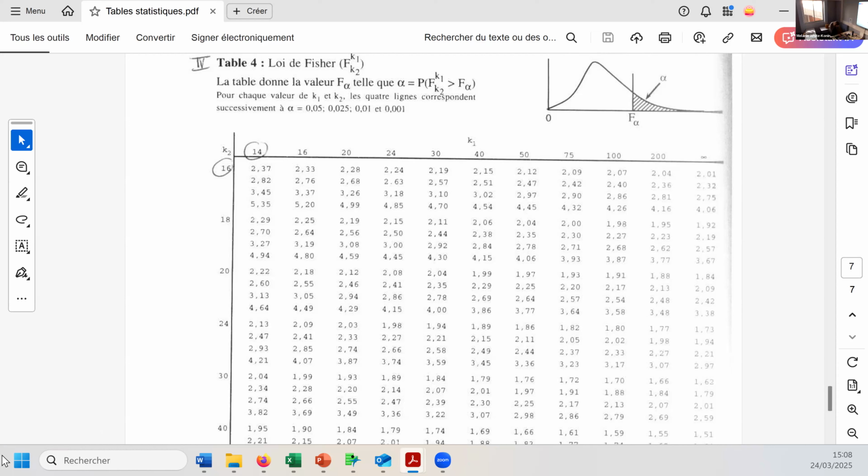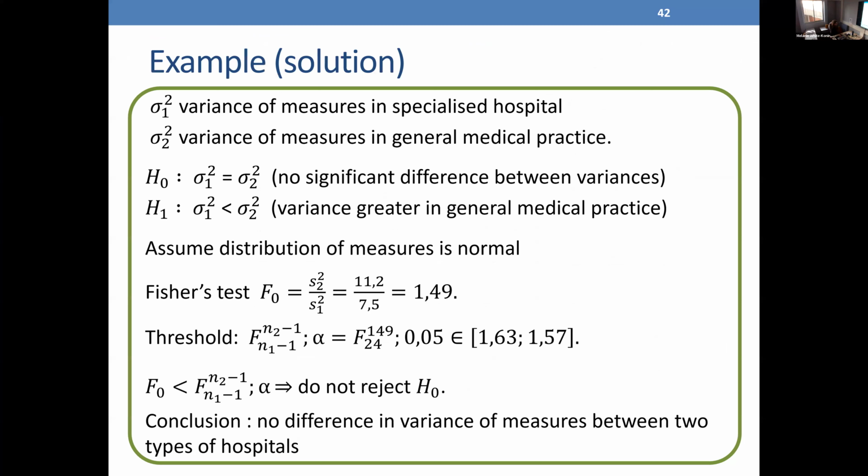And the value that we had, 1.49, is still lower than 1.7, and so we still do not reject the null hypothesis. Okay, so there is no difference in variance of measures between the two types of hospitals.